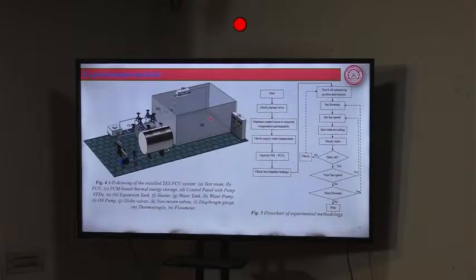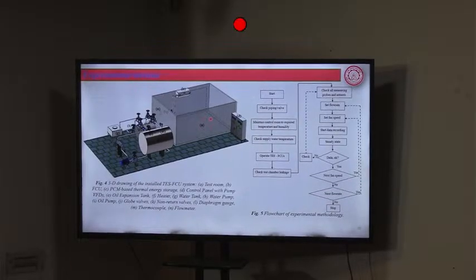This is mainly designed for high altitude, like the project for the Leh region, where the temperature in winter sometimes goes to minus 30 centigrade. With the help of this thermal energy storage system, you can make space heating possible where people do not otherwise have a conducive environment to live.